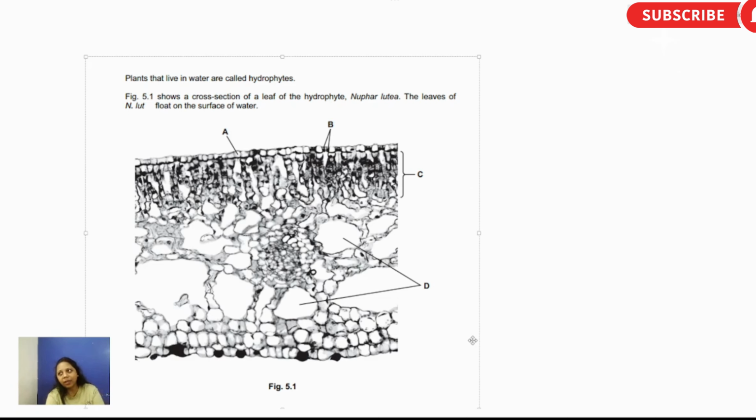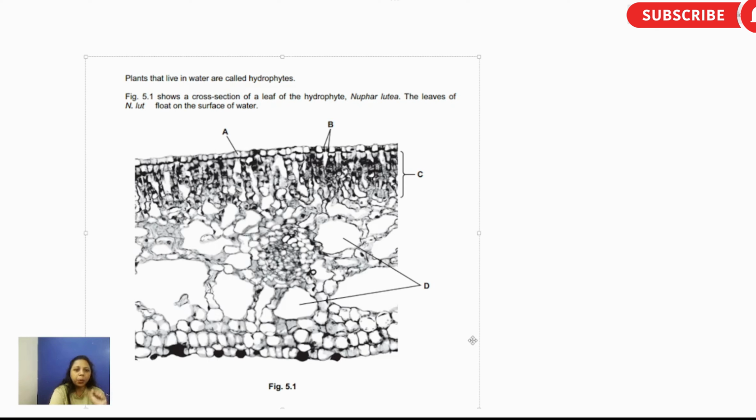For the movement of gases, and I was thinking of water vapor and transpiration, evaporation of water. Because these are hydrophytes, they need to get rid of water, so they have larger spaces so that more water can be evaporated.